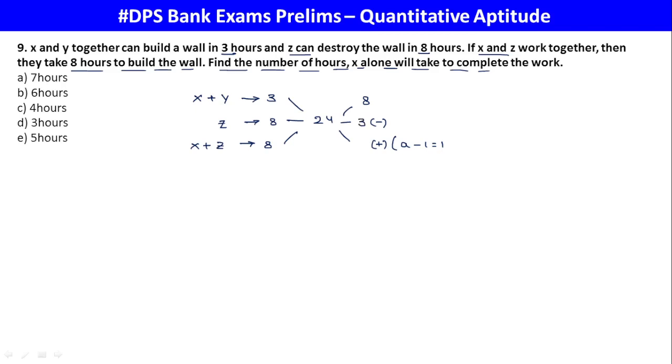Sorry, 3 and 3. Something minus 3 is equal to 3, which means A value 6. Efficiency of X is 6. X alone to fill: time taken is 24 upon 6, 4 hours. 4 hours is the final answer for this question. Option C is the correct answer.